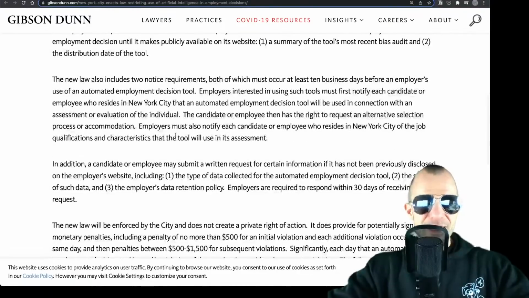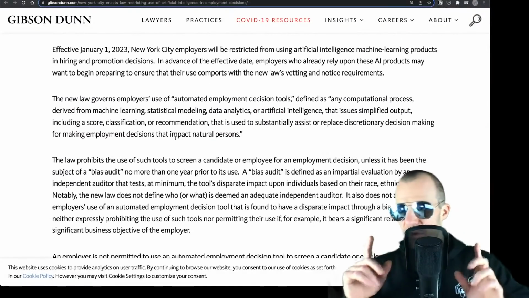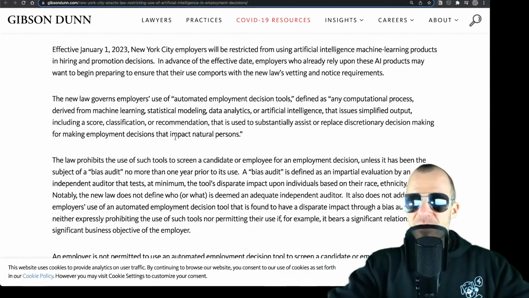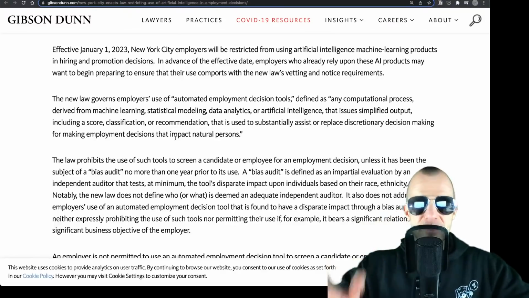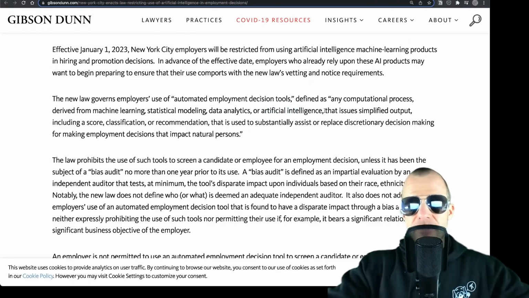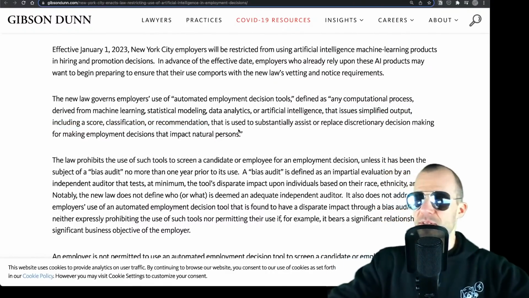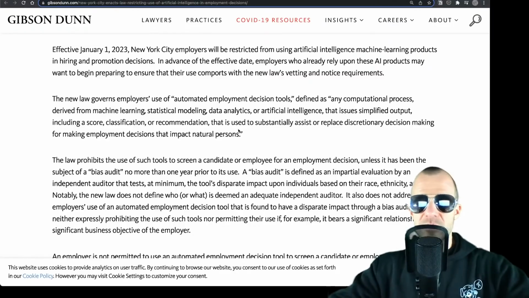So this is, first of all, the definition here could cover nothing and everything. Any computational process derived from machine learning, statistical modeling, data analytics, or artificial intelligence that issues a simplified output, including a score, classification, recommendation, yada, yada, yada. So what if an HR person Googles a person? Google is certainly based on statistical modeling.